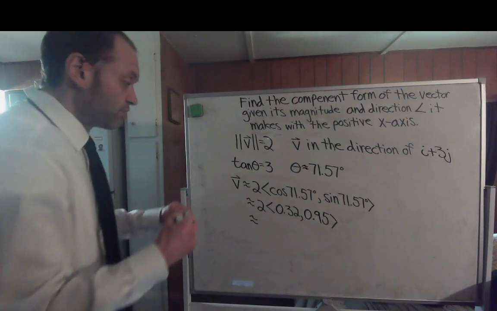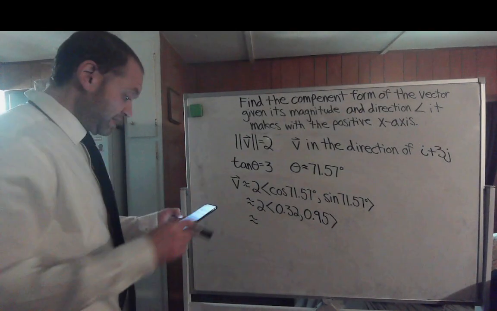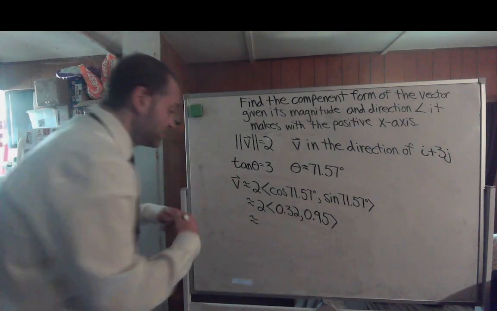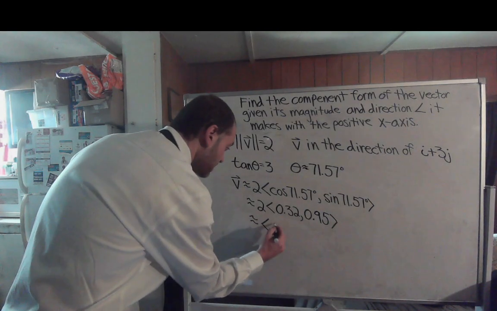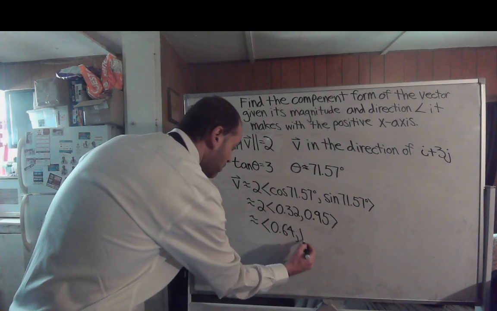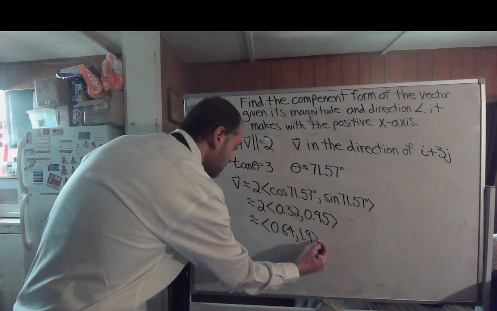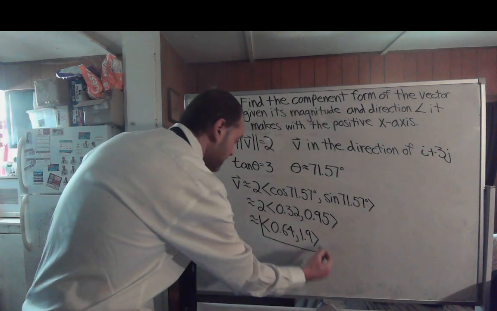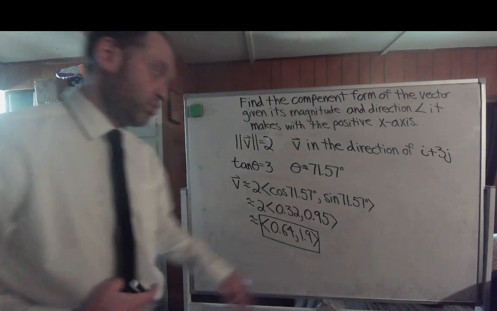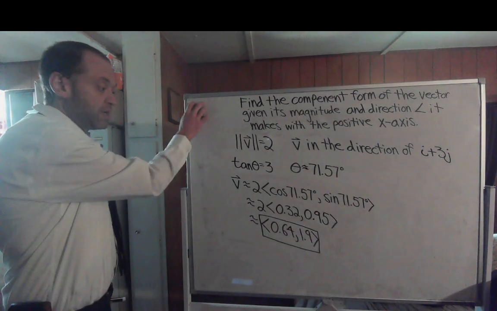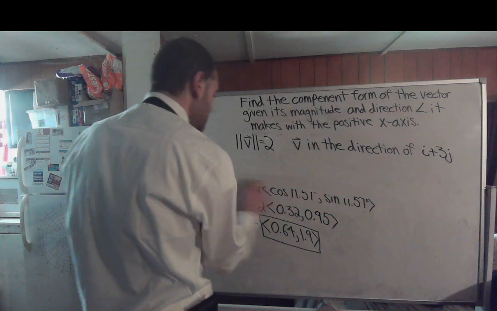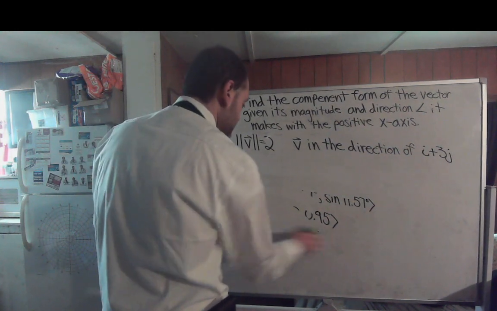So we should be able to finally distribute that 2, which should give you approximately a vector of 0.64, 1.9 for the vector in component form. You should get about 0.64, 1.9. I got one more like this, and then we're moving on to another topic in this lesson.